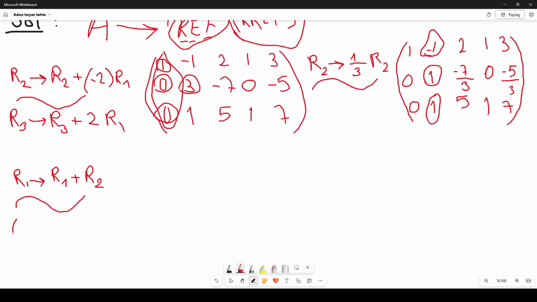And for row 3, I need to replace row 3 by row 3 plus, and again I of course apply an element-wise addition, right? So I add these terms in the rows element by element, term by term. So R3 plus minus 1 R2.